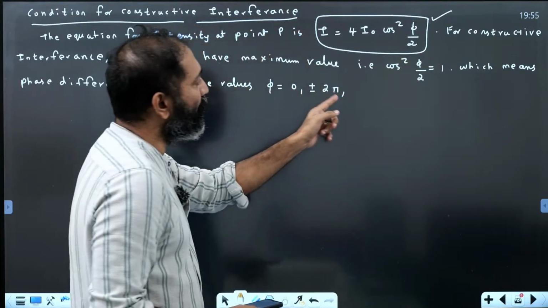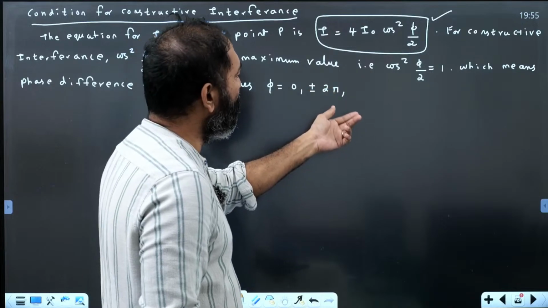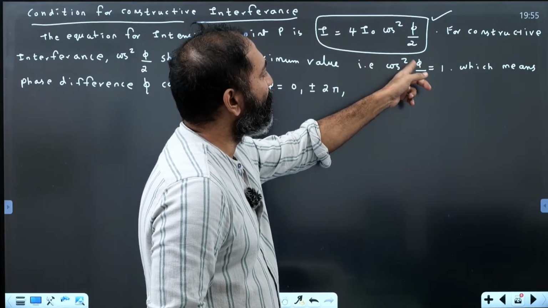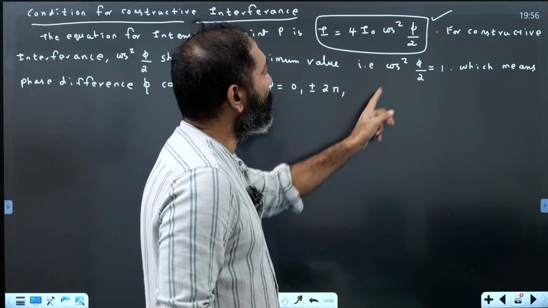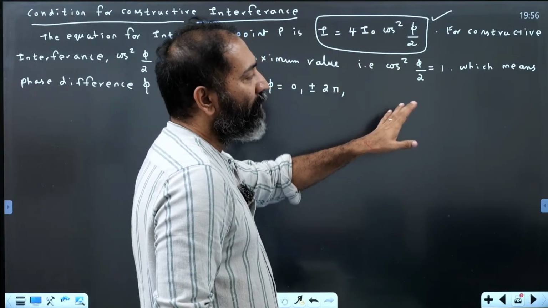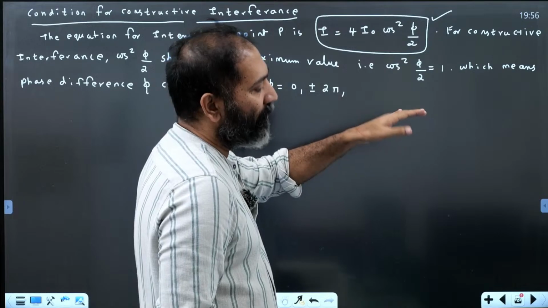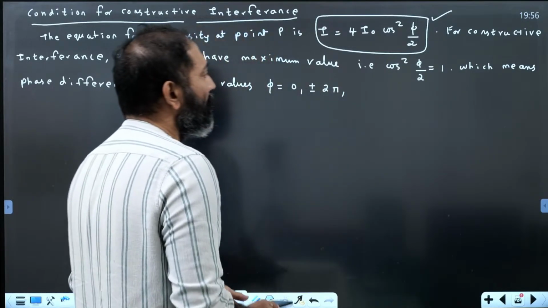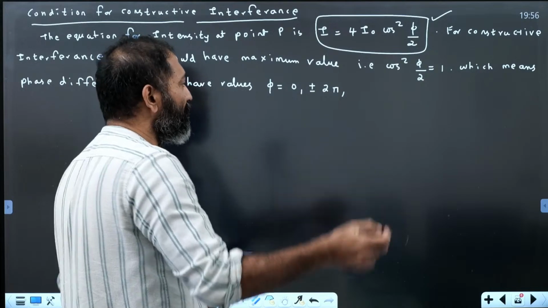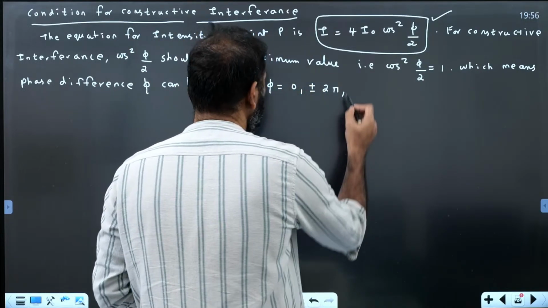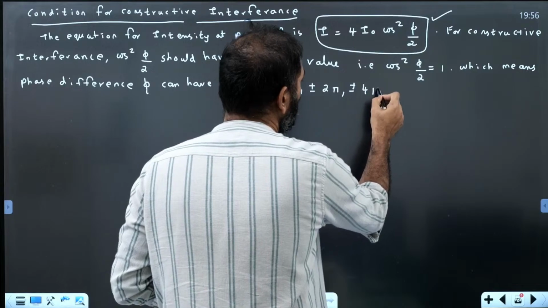Then phi equal to 2 pi. Why am I taking 2 pi? Because then cos square phi by 2 becomes cos square 2 pi by 2, that is cos square pi. What is cos pi? Cos 180 is minus 1, so cos square 180 becomes plus 1. Plus or minus 2 pi. Then it goes on like that, plus or minus 4 pi.